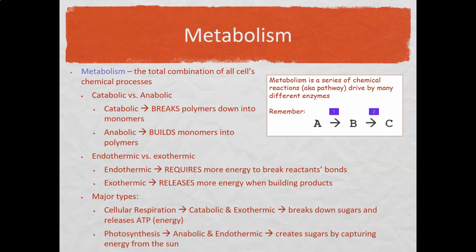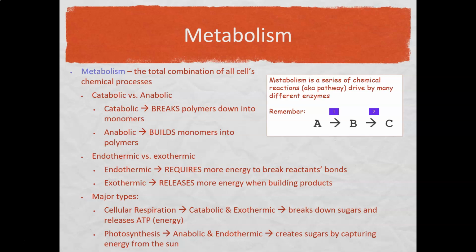When we look at your metabolism as a whole, we can break those chemical reactions down into either catabolic or anabolic pathways. Okay, so catabolic pathways, remember, are ones that break down those polymers, those big macromolecules, into their individual monomers. So any catabolic process breaks things down into smaller pieces. If you remember earlier this year, I showed you that little clip of a cat knocking a bunch of cans over, right?